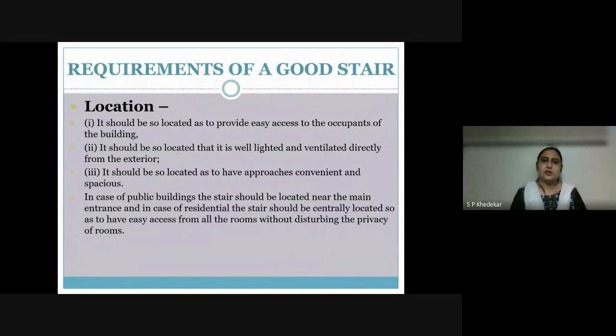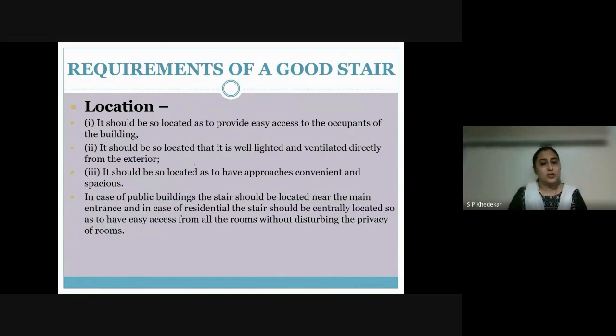Then we come towards the requirements of a good stair. Which stair can we call a good one? We will see the basic elements on which it is classified. The first one is location. Where should a staircase generally be located? It should be located so as to provide easy access to the occupants of the building. All the occupants who generally use the building should have easy access to that staircase.